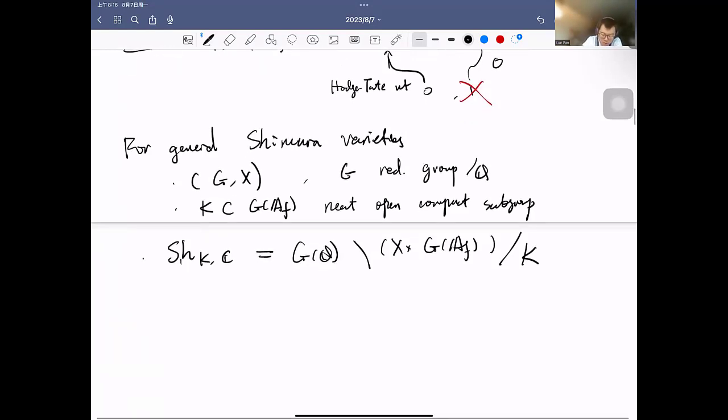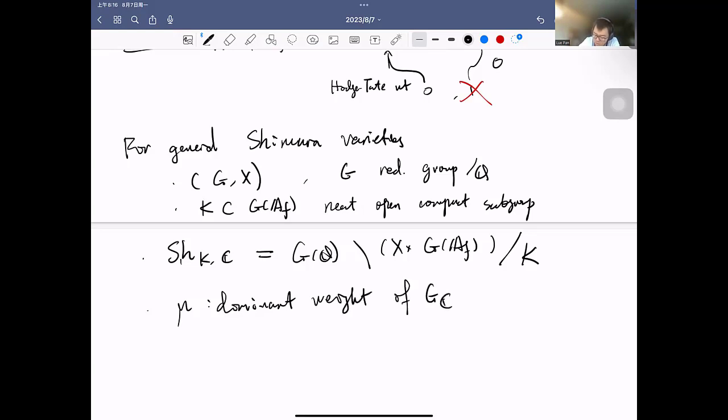So in general, for general Shimura varieties, you need to choose a dominant weight of G_C, when base changing G to C, which defines a local system.